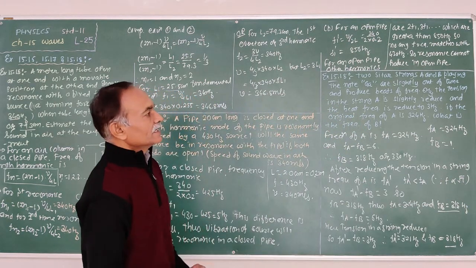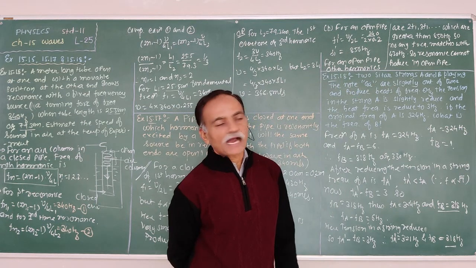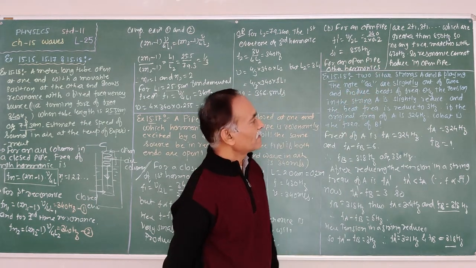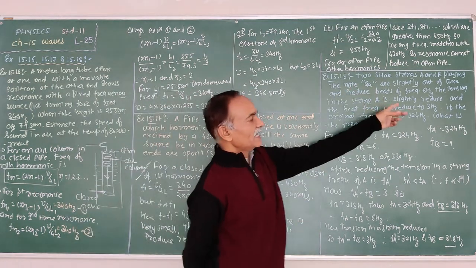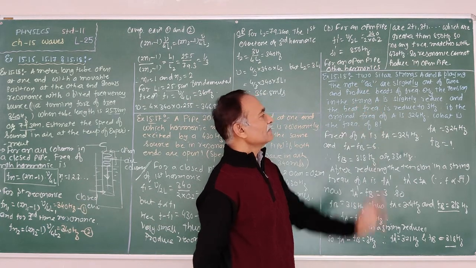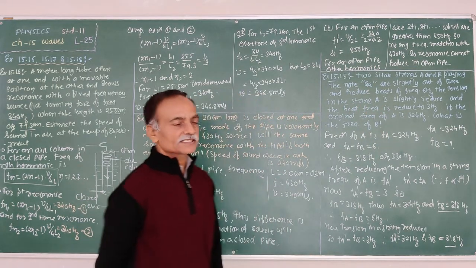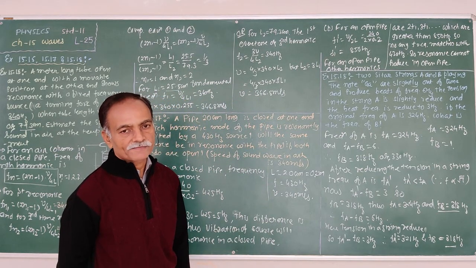Again, the two strings A and B playing the note Ga are slightly out of tune and produce beats of frequency 6 Hz. The tension in string A is slightly reduced and the beat frequency is reduced to 3 Hz. If the original frequency of A is 324 Hz, what is the frequency of B?